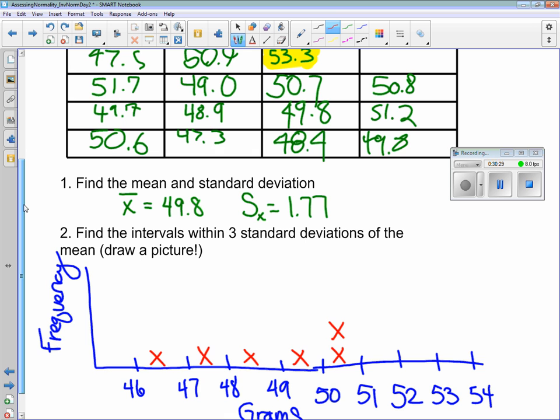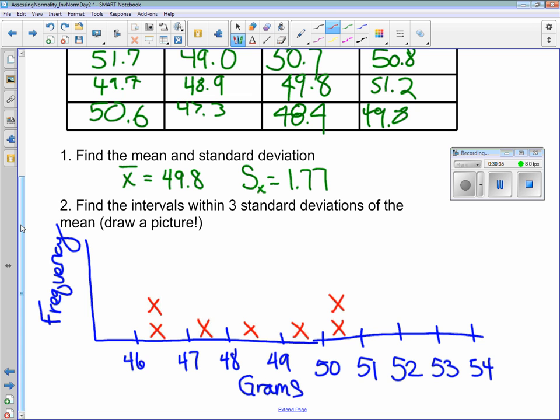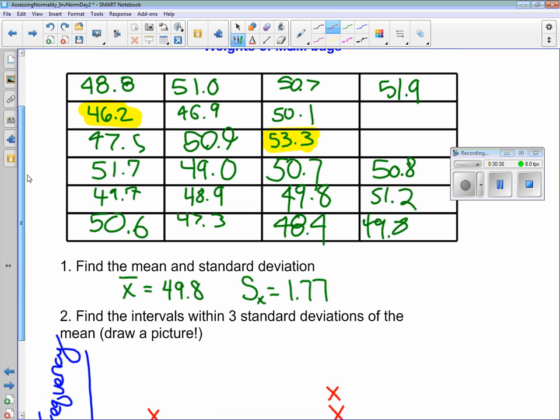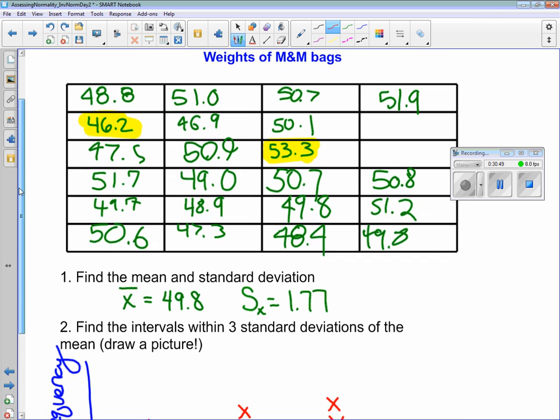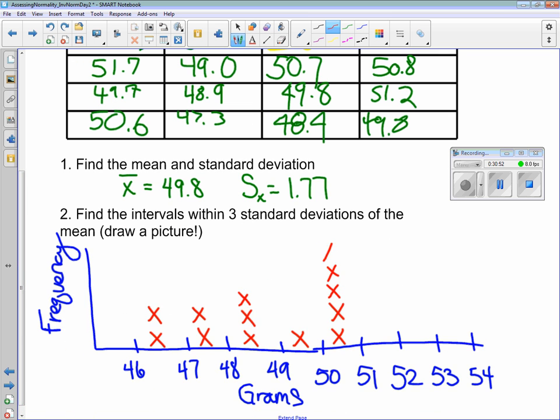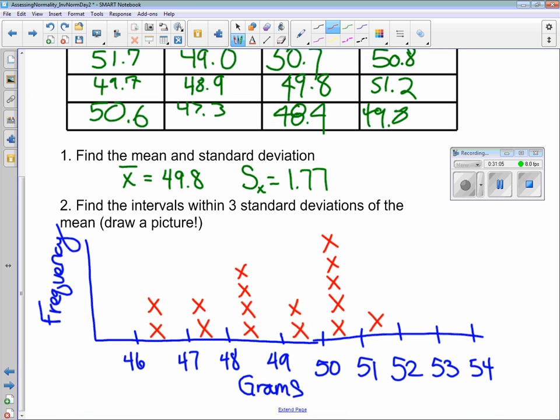Then we have 46.9. We have 50.9. 49. 48.9. 47.3. 50.7, 50.1, 49.8, 48.4, come on, 51.9, 50.8, 51.2, and 49.8.